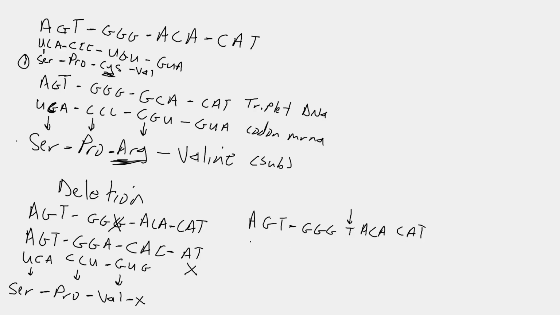So we still get back... when we're doing this now for the triplets, we get AGT again. So we can say UCA again here. We get GGG again, so we can say CCC here. So far everything looks good. From this point on, instead of getting ACA, now we have TAC, which means down here now we get AUG.